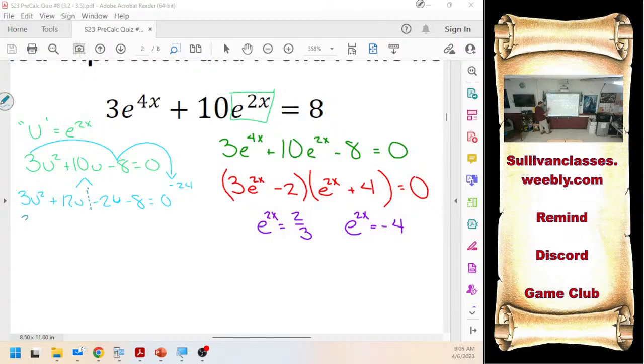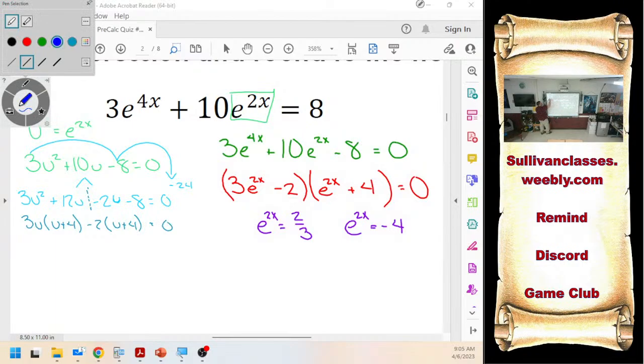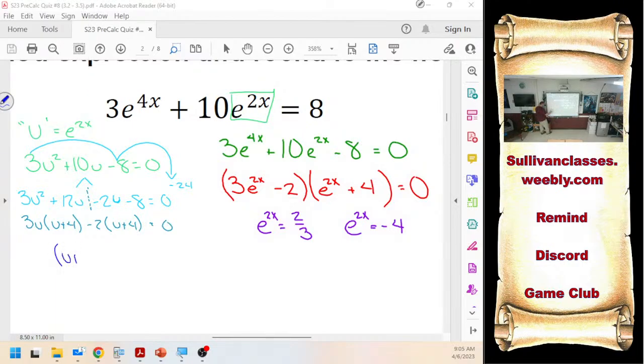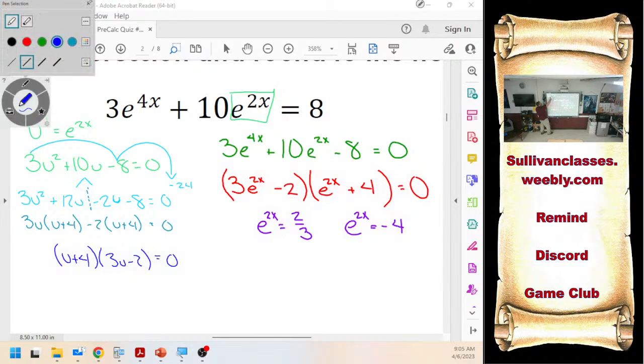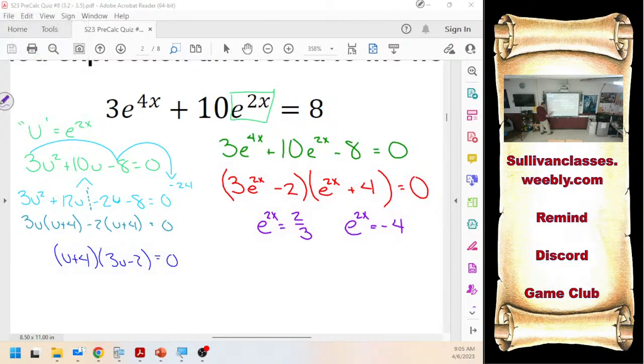I'd cut that in half and say these got a 3u in common, leaving u plus 4. These have a -2 in common, leaving a u plus 4. Getting u plus 4 and 3u minus 2. Setting that equal to 0, I would say u is -4 and u is 2/3, and then I would remember, oh wait, it ain't u, it's e^(2x).